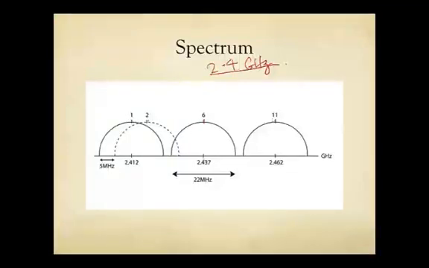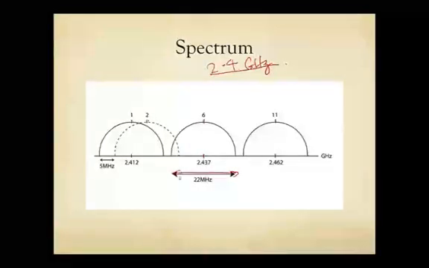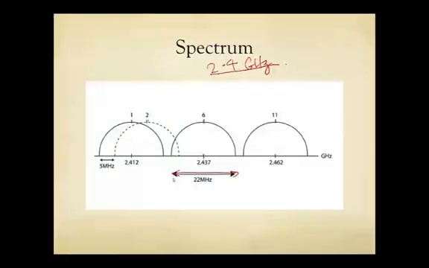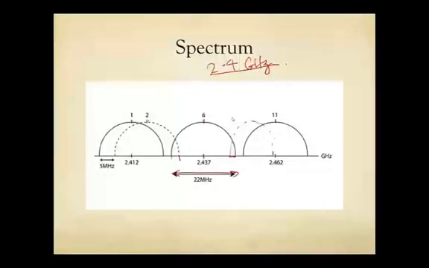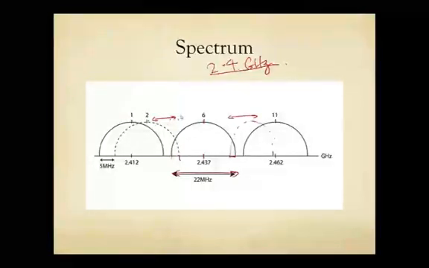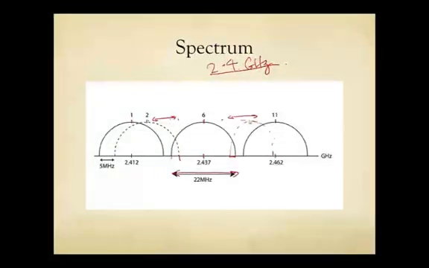The middle channel 6 is centered around 2.437 gigahertz, and the width of this channel is 22 megahertz with a little guard band of 5 megahertz on the side. I should say this is not drawn to scale. You can imagine 3, 4, 5, and so on in between.